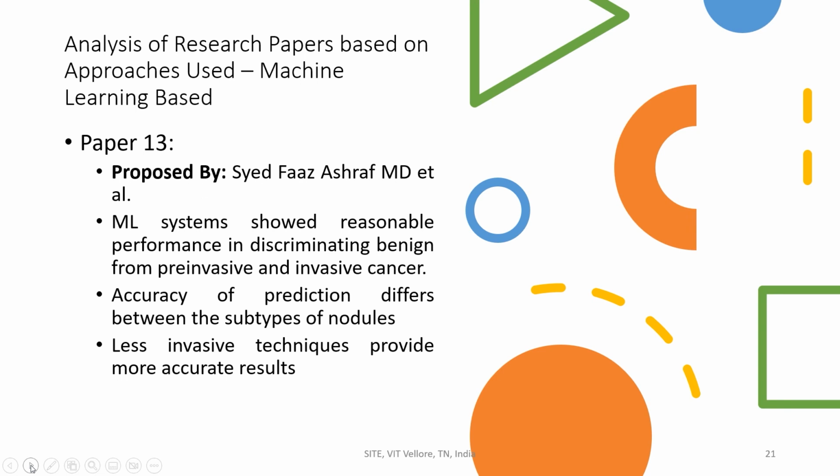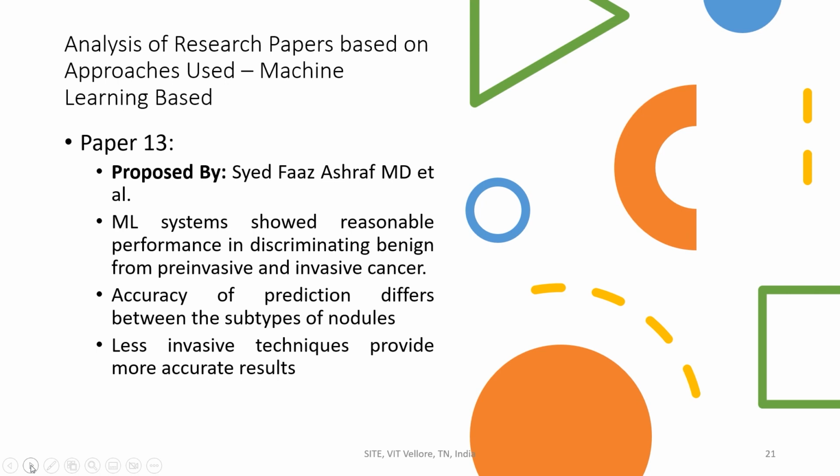The next paper is proposed by Syed Faz Ashraf MD and team. Now, these ML systems show reasonable performance in discriminating the benign from the pre-invasive and invasive cancer. The accuracy in this prediction differs between the subtypes of the nodules.